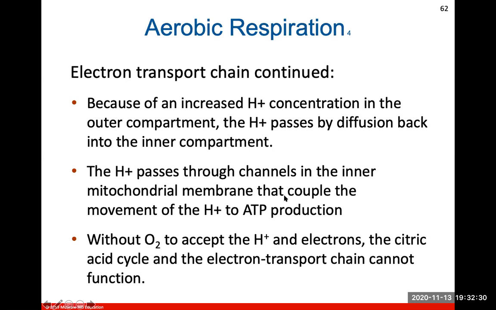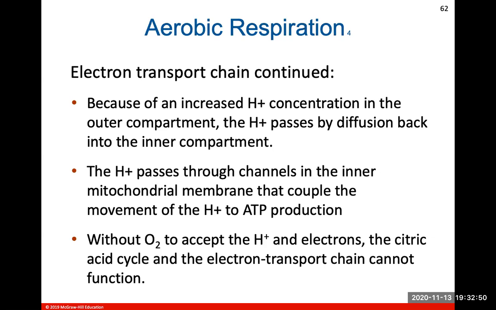Because of an increased hydrogen concentration in the outer compartment, because they're being pumped out of there, the hydrogen ions will pass by diffusion back into the inner compartment. And when they pass through channels in the inner mitochondrial membrane, that couples the movement of the hydrogen to ATP production.